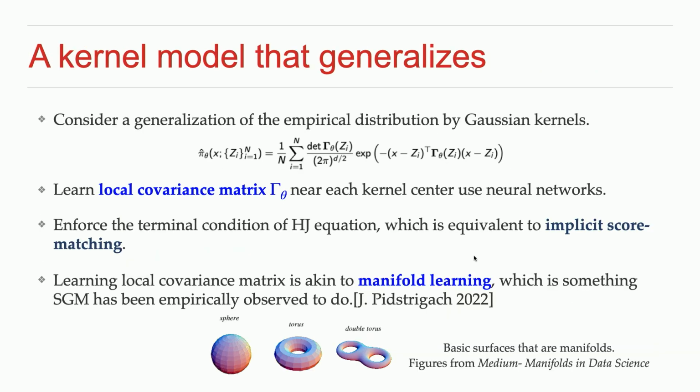Yeah. So instead, we thought, okay, probably not a purely Gaussian kernel with a homogeneous diffusion process, but instead we should consider a generalized empirical distribution with Gaussian kernels where the local covariance should be driven by the data.